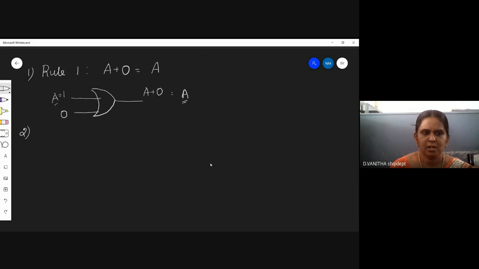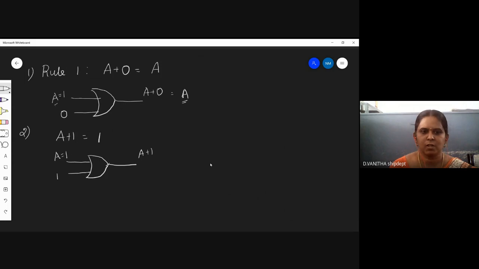Second rule is A plus 1 is equal to 1. So for that also we have to take an OR gate. So the OR gate has to be drawn like this way. Then this is A and this is 1. So here we are getting the output as A plus 1.